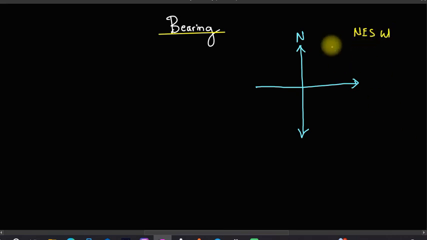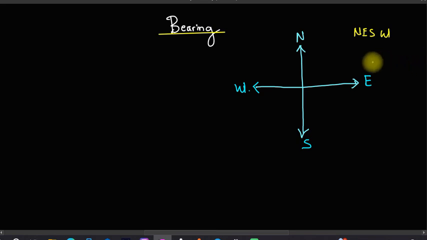So let's do that now. So we have north, followed by east, followed by south, and finally west. So NESW. Always remember that so you get direction right every single time. So east is towards the right, and west is towards the left.